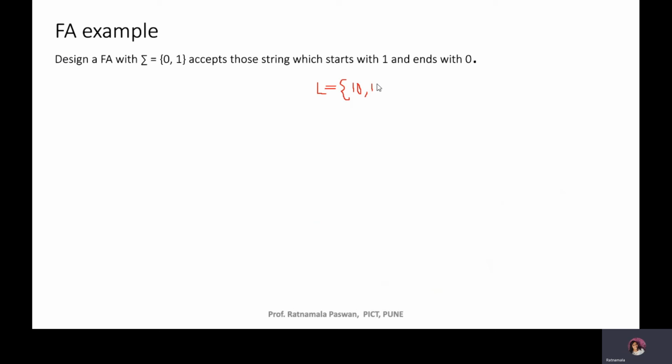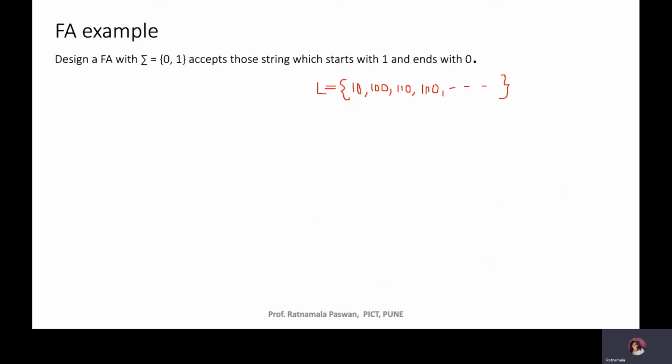So for length 3 we can have the middle symbol 0, or you can have the middle symbol 1. So you can have all such strings in this language, right? For length 4, I'll take the middle symbols 1, 1 and so on. This is the language accepted by this finite automata, and this will help to design the transition graph.